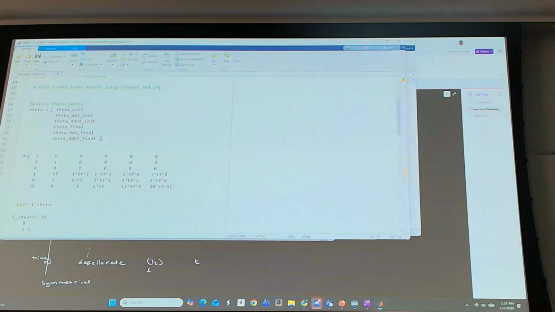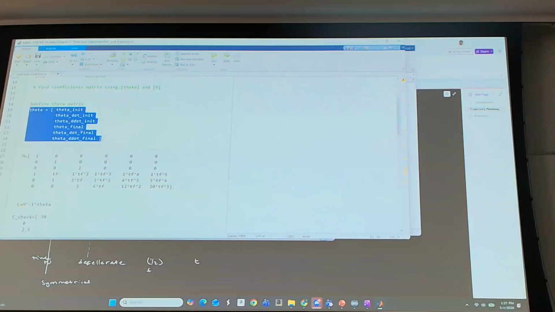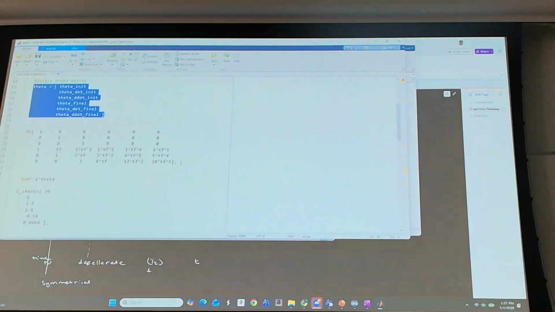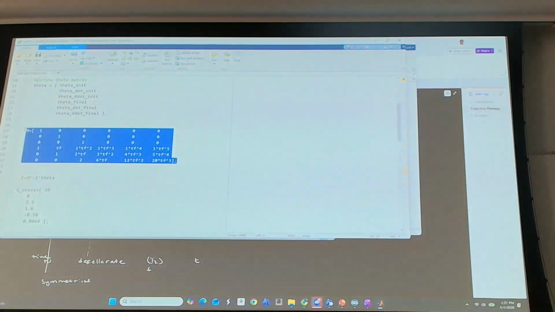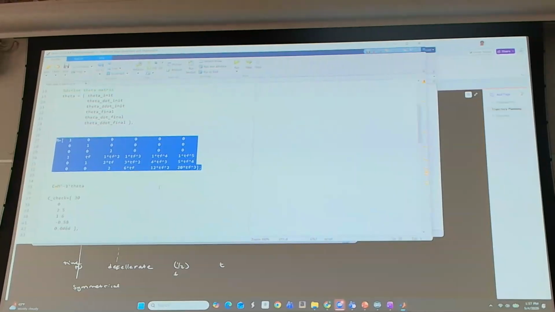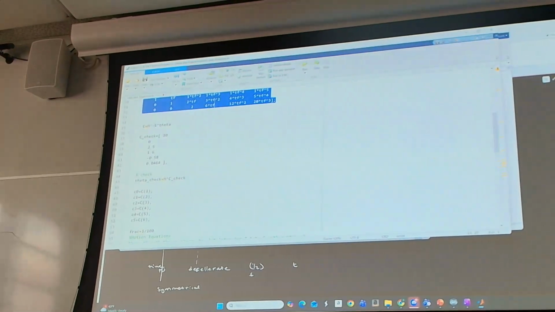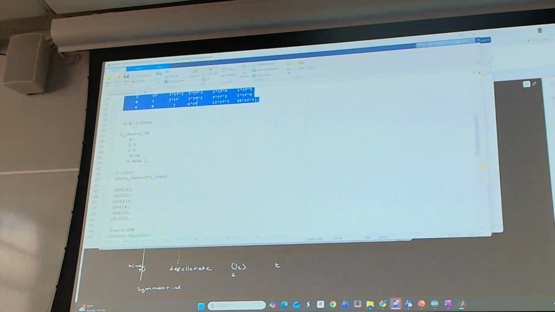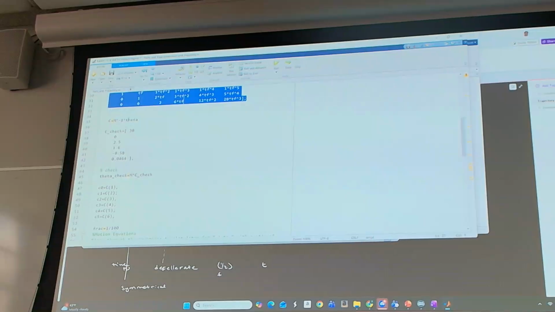Here is my theta vector, defined as theta init, theta dot init, theta double dot init, theta final, theta dot final, theta double dot final. This would be the M matrix that we saw before, a square matrix, 6 by 6. And here's how we're solving for the coefficients: M inverse times theta.